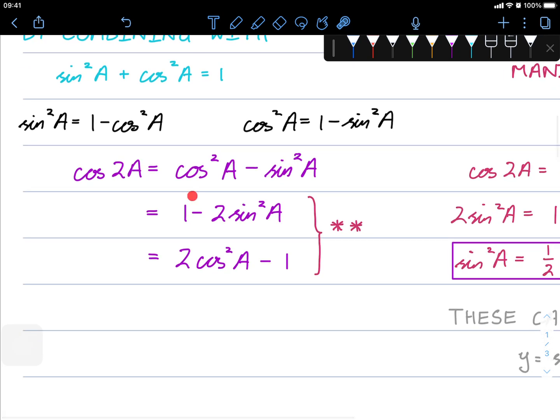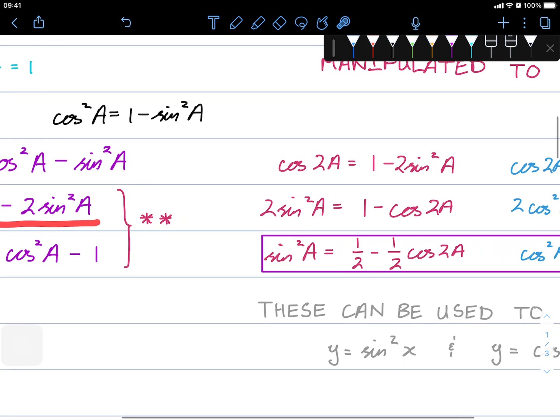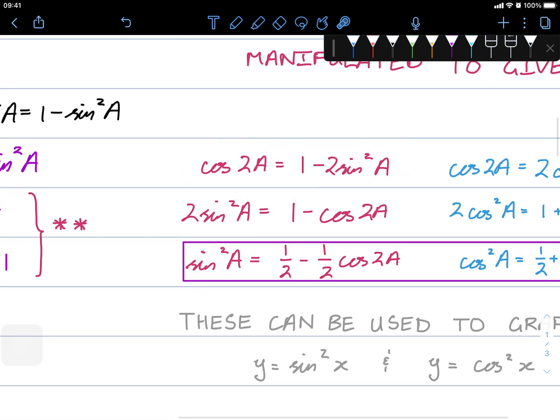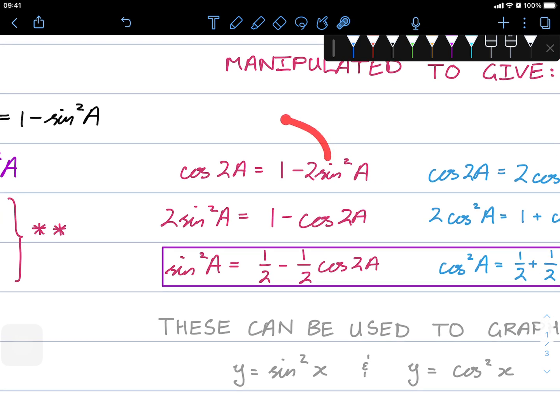One last thing that we can do is if we have this expression, remember this is cos 2a is equal to this. So here we have cos 2a is equal to 1 minus sine squared a. If we rearrange this, switch places, we get 2 sine squared a equals 1 minus cos 2a, dividing everything by 2 to cancel this.